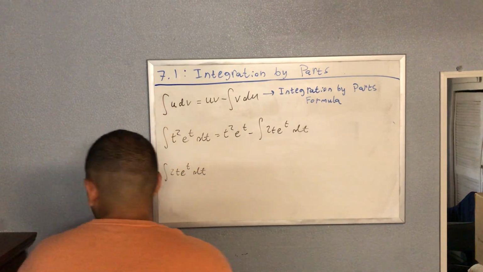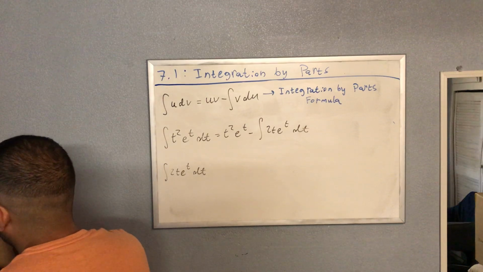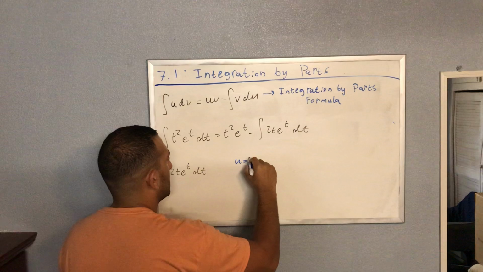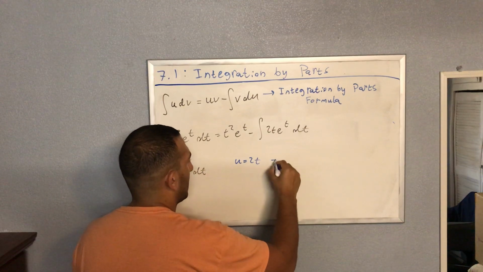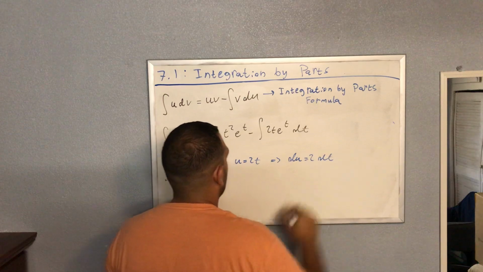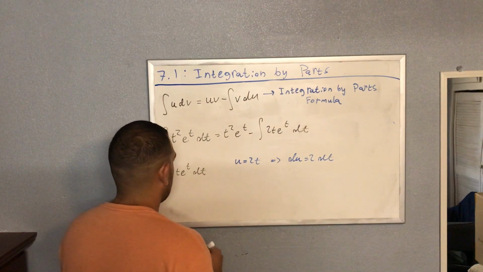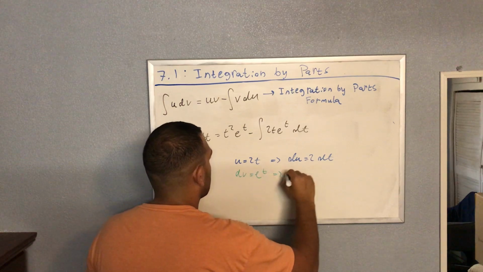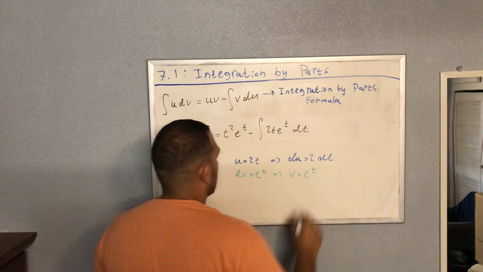Okay? And now again, the choice of u and dv is clear from the last time. We're going to let u be 2t, take the derivative, says du is 2 dt, and then let dv be e to the t, and this says that v is e to the t.